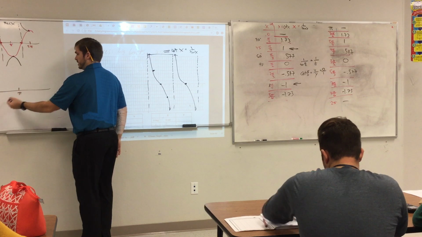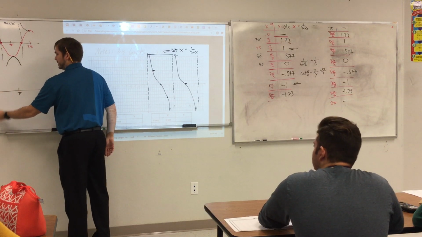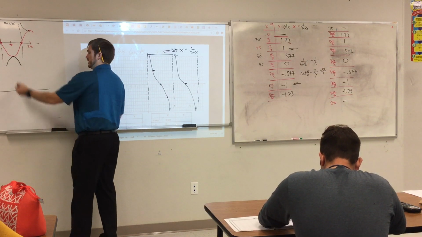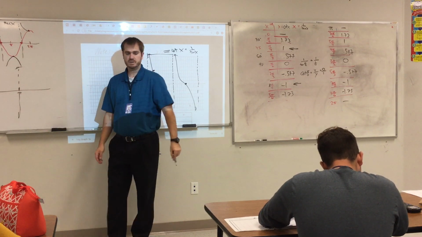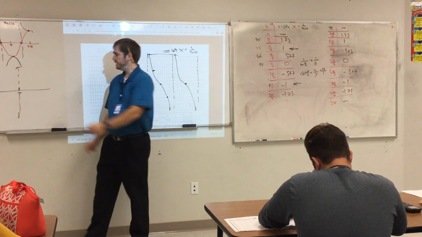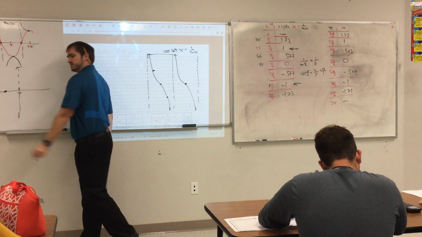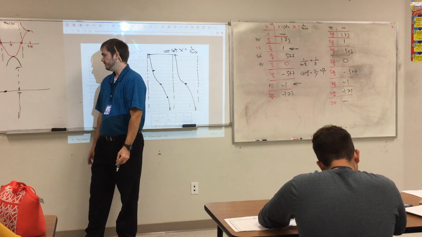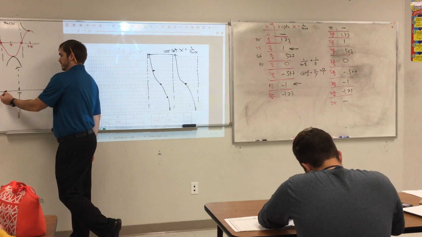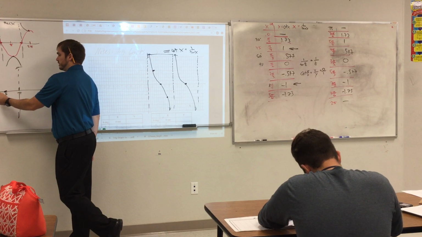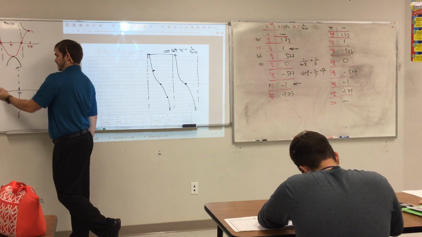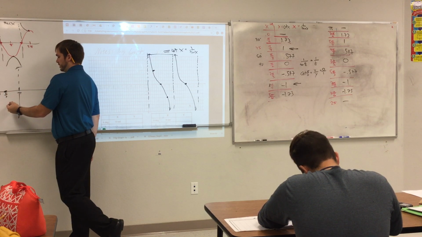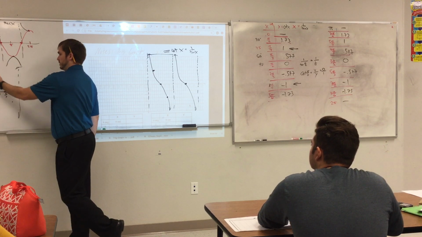So at 0, there's an asymptote. At pi, there's an asymptote. Right in between, it's 0. In between those, at the corner mark, pi over 4, it's at 1. At the 3/4 mark, it's at negative 1.